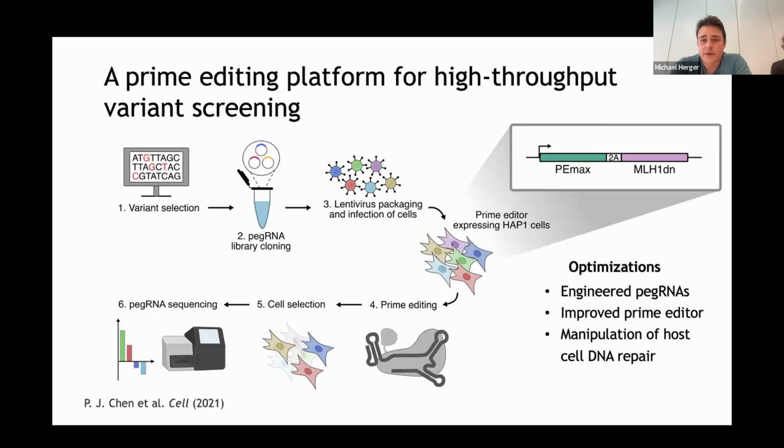Within these HAP1 cells, we installed the most efficient prime editor at the time, called PEmax. From that same cassette, we're also co-expressing a dominant negative MLH1 protein, or MLH1dn. This serves to inhibit the cell's DNA mismatch repair pathway, which, if left intact, would revert some of the prime editing outcomes, thereby reducing overall editing efficiencies.